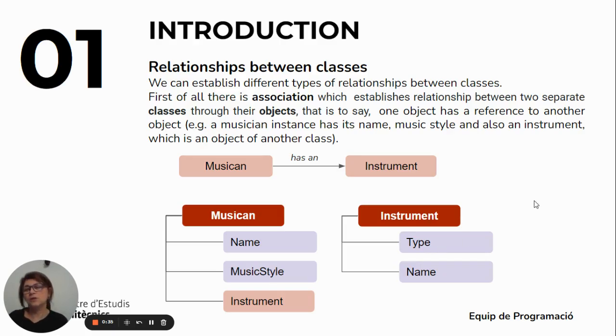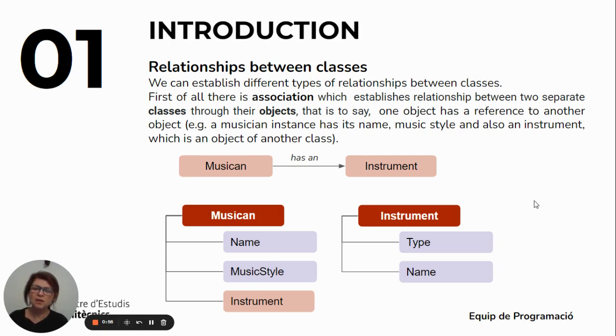We can establish different kinds of relationships between classes: association, inheritance, composition, and aggregation. In this video, we're just going to talk about association very briefly and concentrate basically on inheritance.